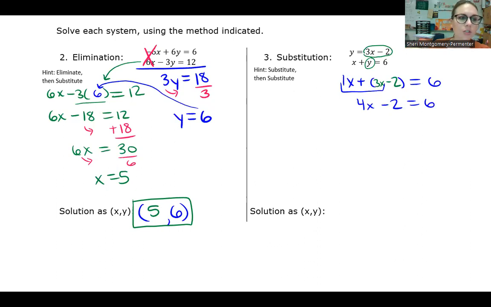And this is a 2-step problem. If you didn't get a chance to solve this one before, it is 2 steps.